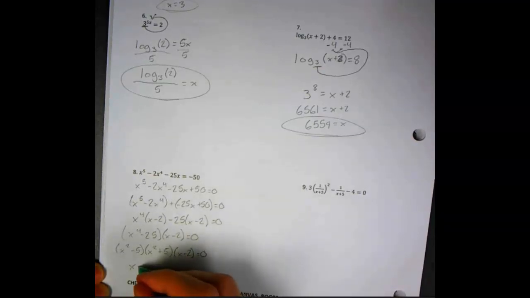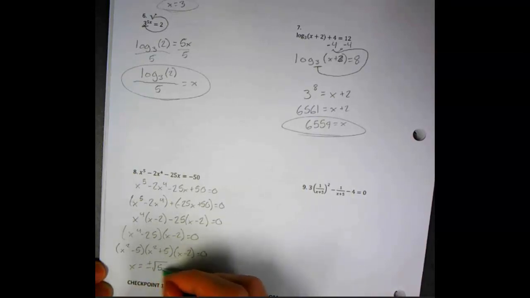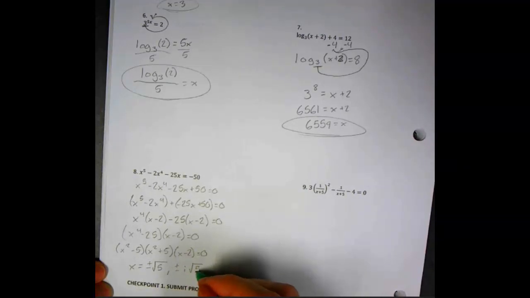So x can be equal to plus or minus the square root of 5, plus or minus i square root of 5, and 2.